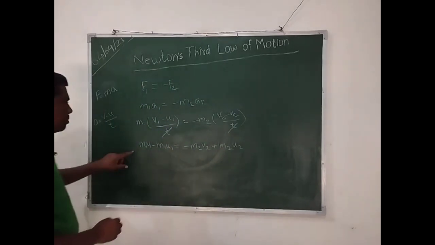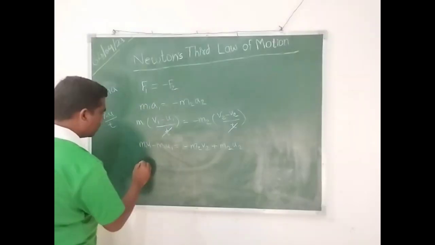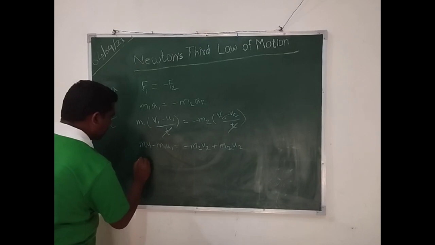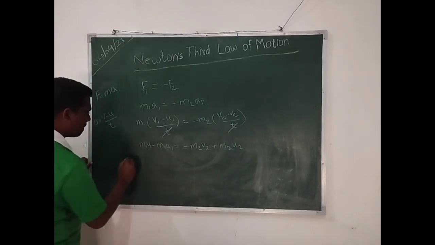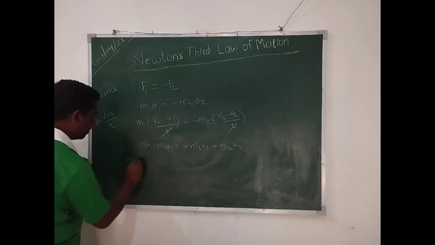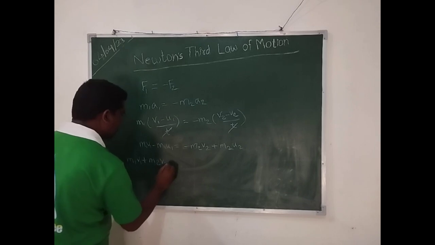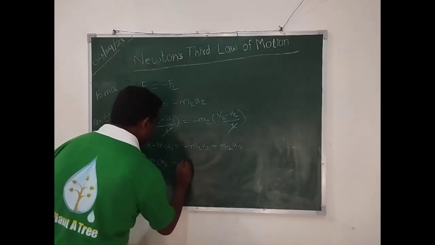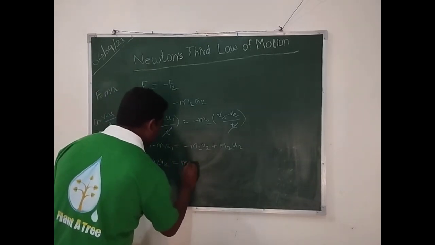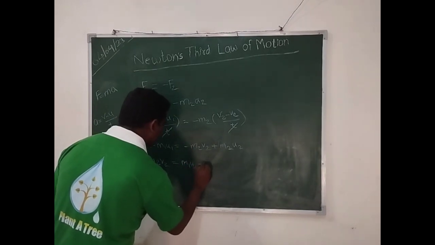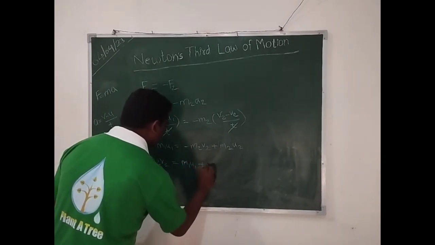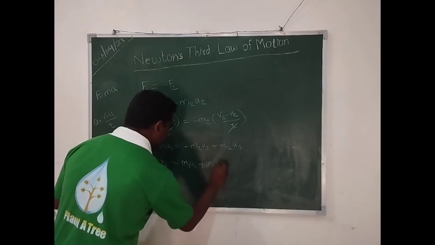Now rearranging these terms, we will get that m1 v1 plus m2 v2 is equal to m1 u1 plus m2 u2.